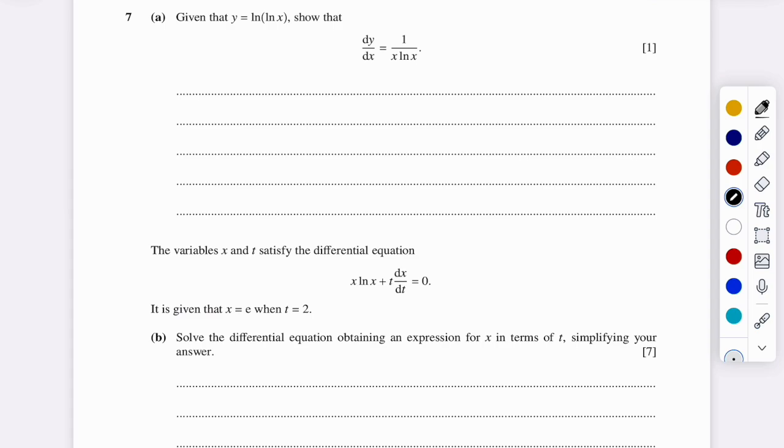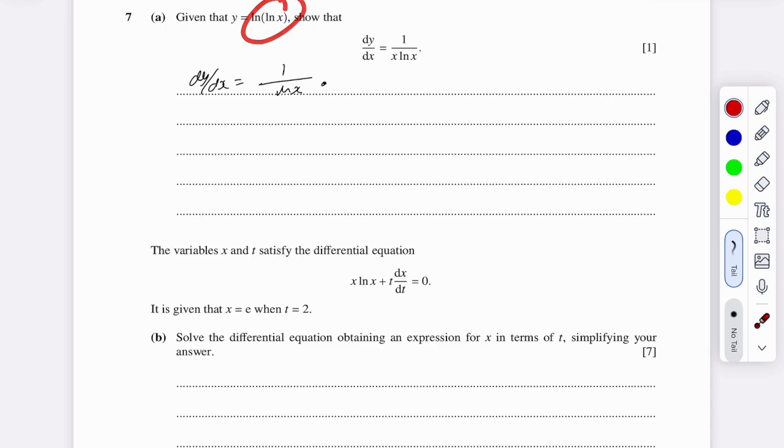Well, dy by dx, knowing that y is equal to ln of ln x, it's simply going to equal 1 over ln x. Then you apply the chain rule here.